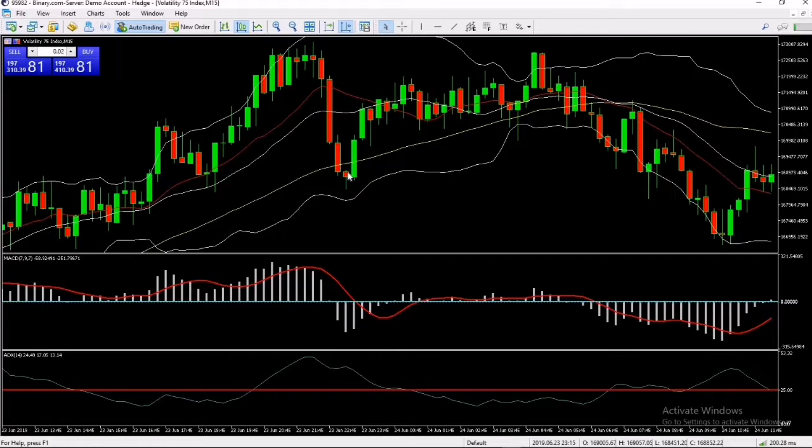But what happened afterwards? It reversed upward and closed above this first moving average. But what did I say we'll do? We'll wait for it to close above the middle Bollinger Band before we accept that, yeah, this is a total loss.